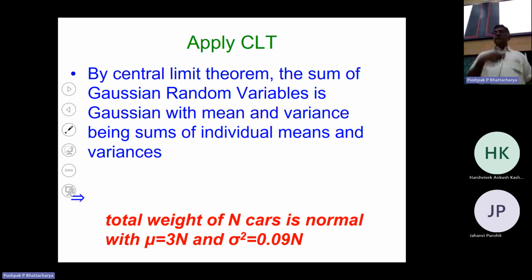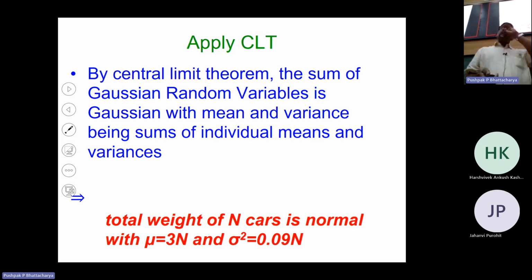The standard deviation was 0.3, so the variance will be 0.3 squared, which is 0.09. So the variance of the resultant distribution will be 0.09n. So we have been able to get the mean of the total weight of the cars and the standard deviation of the total weight of the cars.